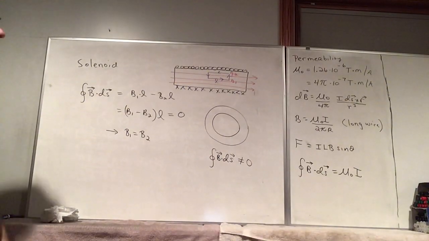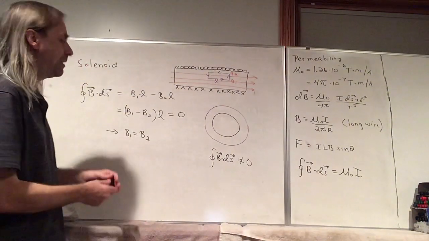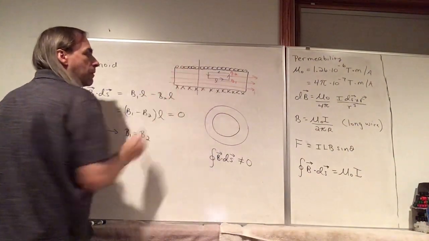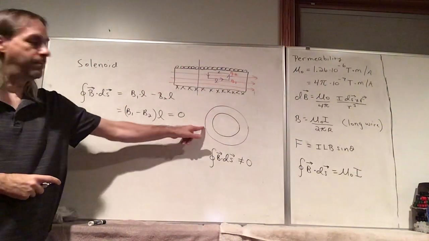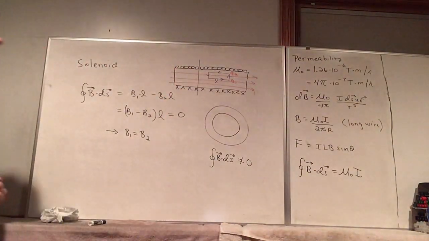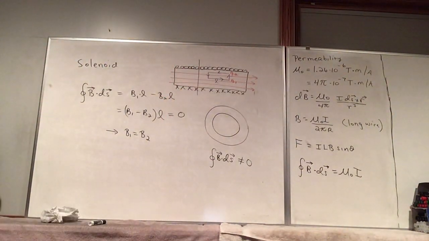But that's actually not the case, because looking at it from a different perspective, this is the same loop. We have this circle around it, but here, is there any current crossing this surface? And the answer has to be yes.